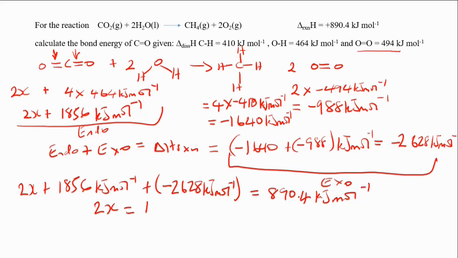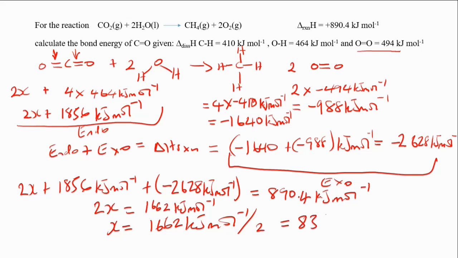I got 1662 kilojoules per mole. Therefore, x is equal to 1662 kilojoules per mole divided by 2, which looks to me to be about 831.0 kilojoules per mole, for the carbon oxygen bond dissociation.